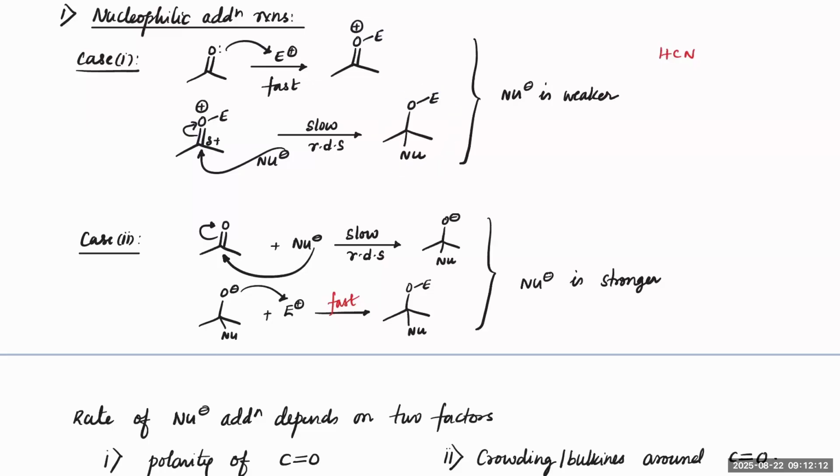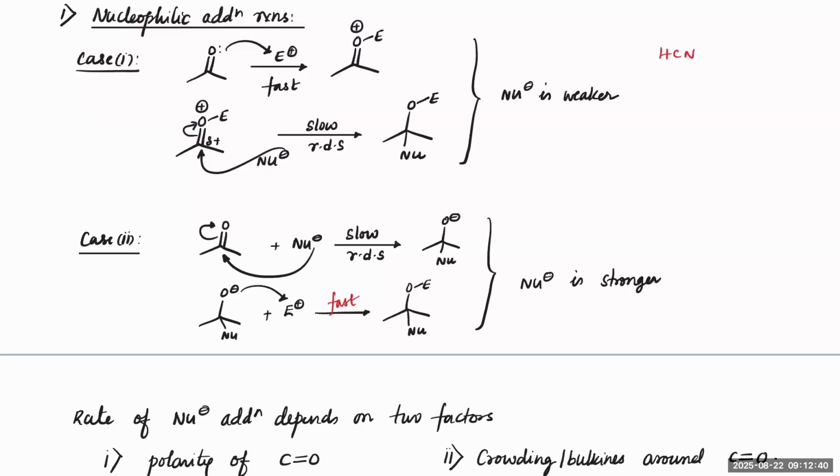But even if the first electrophile is added and then the nucleophile is added, the second step is always the slowest step. The reason being, the first step is nothing but an acid-base reaction. Oxygen has a lone pair, the electrophile has an empty orbital, so a quick reaction will take place. It is an acid-base reaction, and usually acid-base reactions are rigorous and fast.